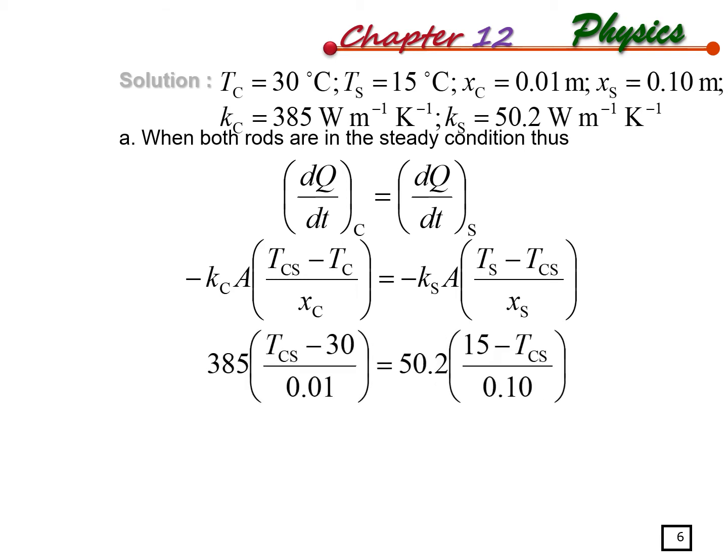Since we already know the known variables, we can substitute in all the values. The remaining unknown is the temperature in between copper and steel. So we find the final value, which will be 29.8 degrees Celsius.